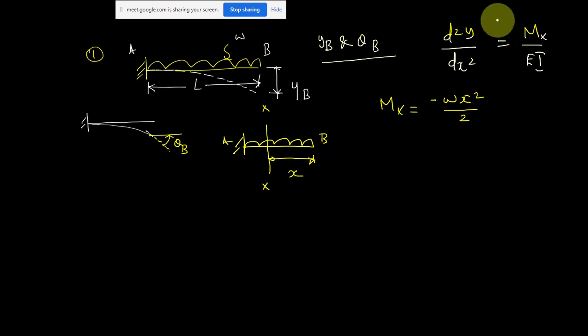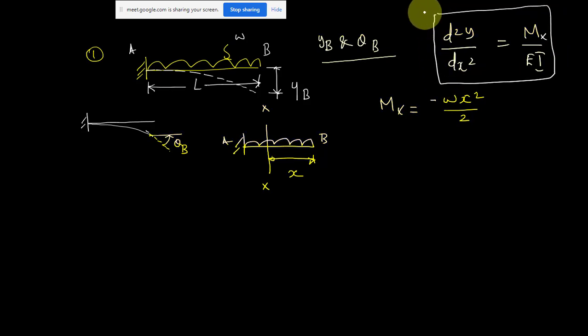Whenever you use this equation, the sign convention is as usual: sagging moment is positive, hogging moment is negative. Keep this in mind while writing the moment equation.